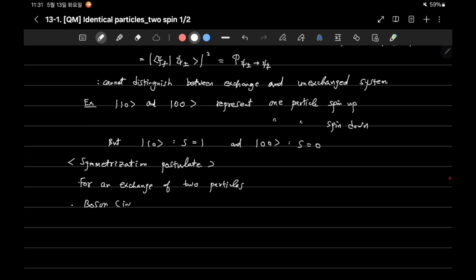The boson has integer spin and a symmetric state. And the fermion has half integer spin and an antisymmetric state.